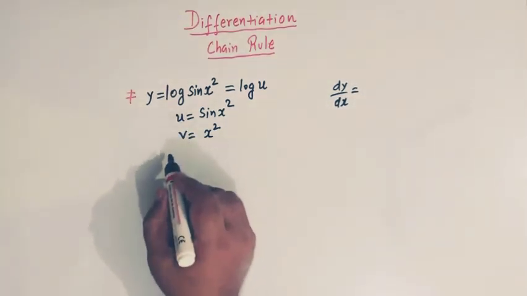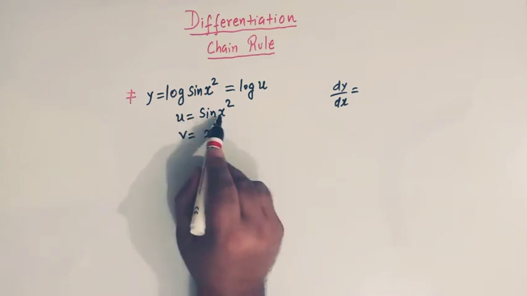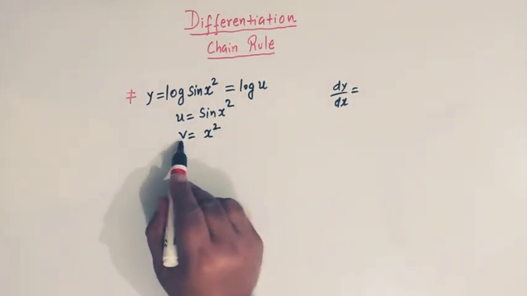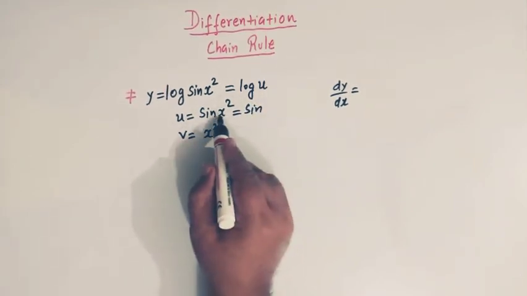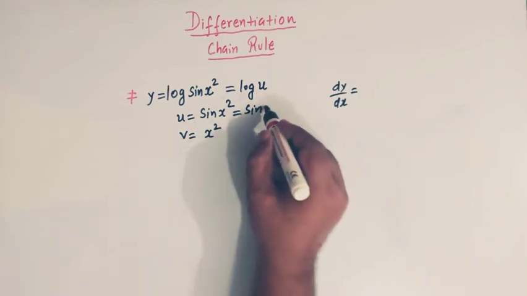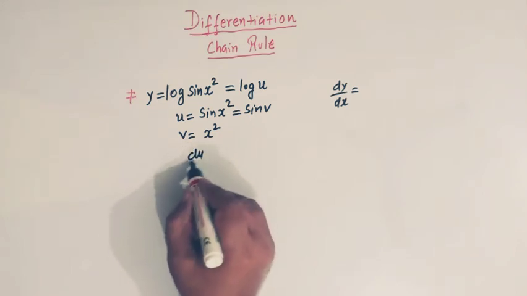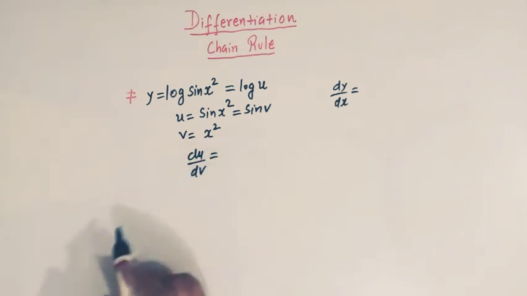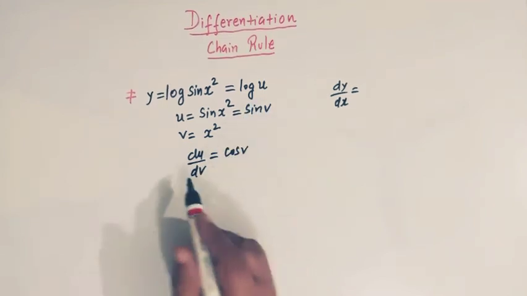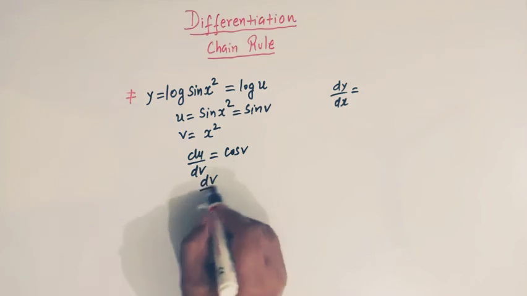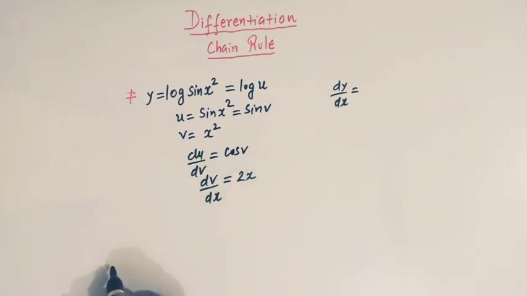So let us first find the derivative of u with respect to x. So we have assumed v = x², so u can be written as sin v, right? So du/dv is equal to cos v, because the derivative of sine is cos, and the derivative of v with respect to x is 2x, right?